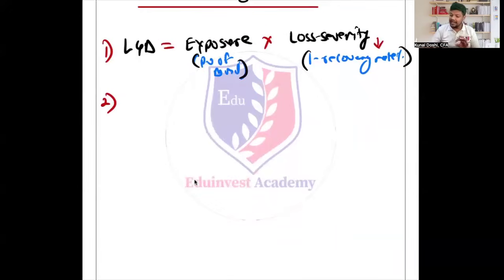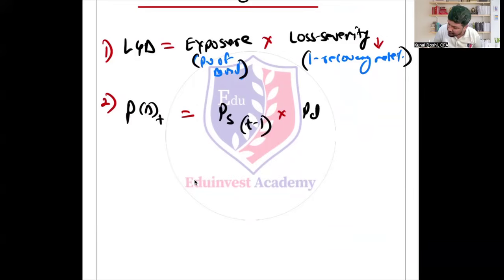Second formula I need is the probability of default in a specific year. This is nothing but my hazard rate, which is the probability of survival in the previous years multiplied with the probability of default in the specific year. This will give me my cumulative probability of default. Understood?